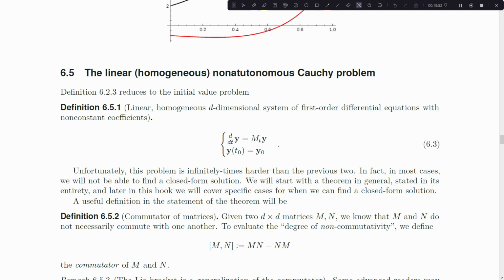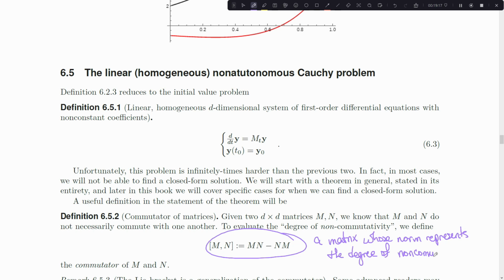And so this is some matrix whose, in many cases, norm represents the degree of non-commutativity of M and N. So in some sense, we can measure how commutable M and N are with this thing called the commutator. And it's just got a very nice notation of the brackets.